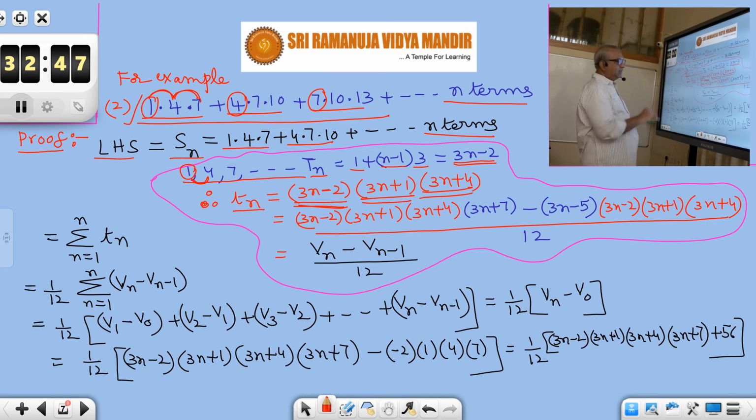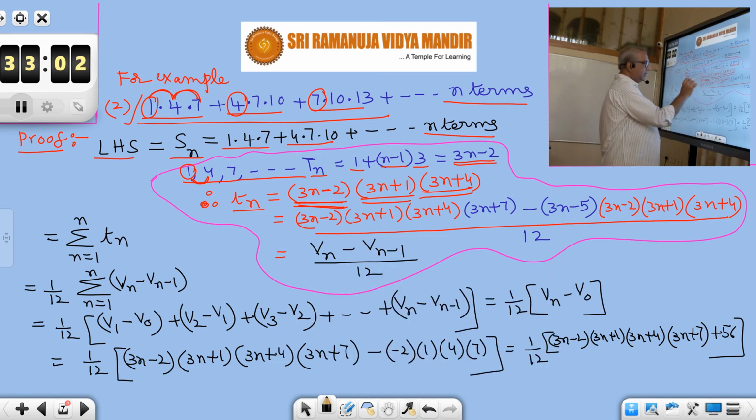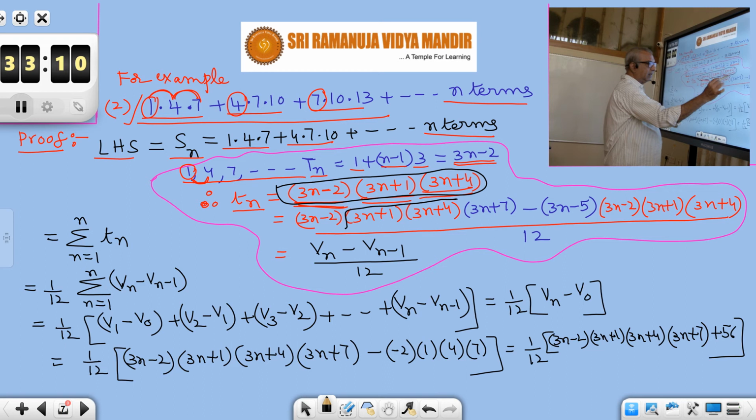Okay. This nth term I am writing in the method used earlier, one step forward, one step backward. Same 3n minus 2, 3n plus 1, 3n plus 4 I am writing here.